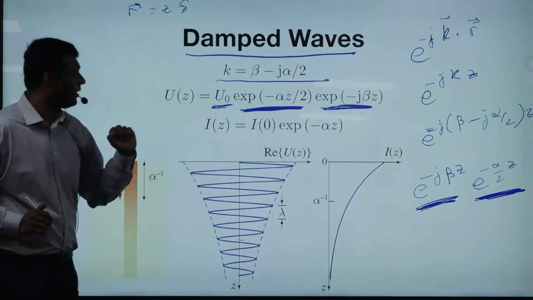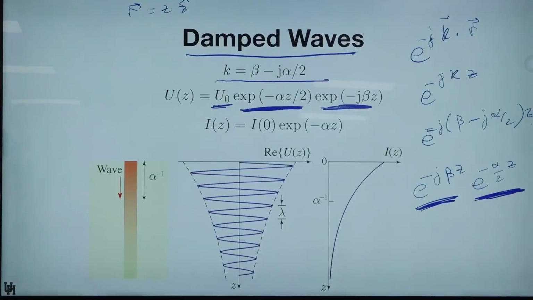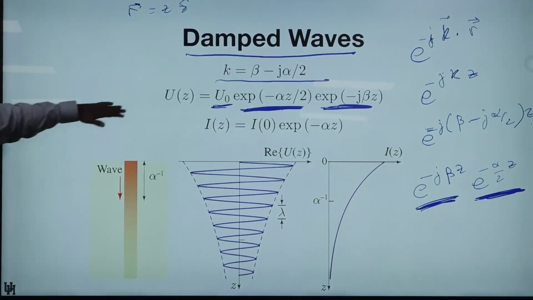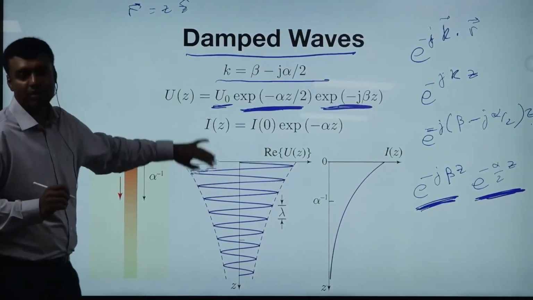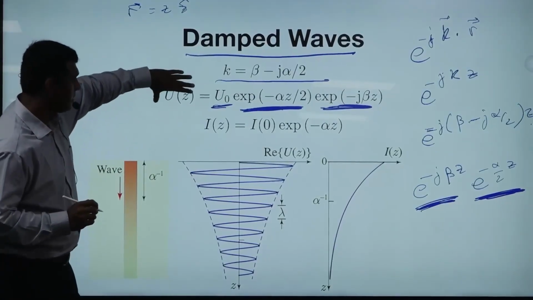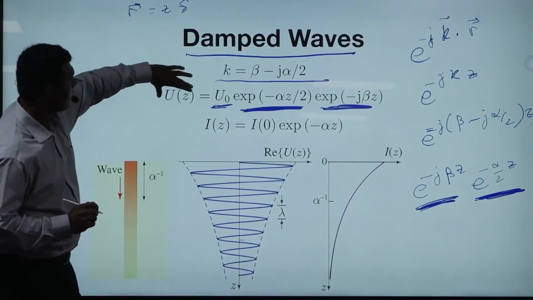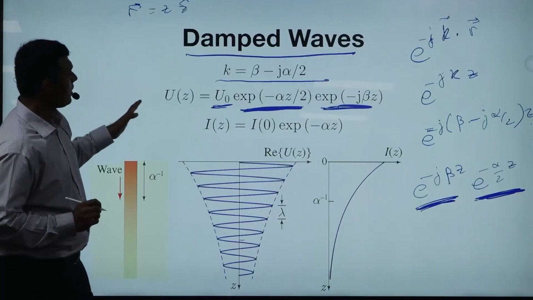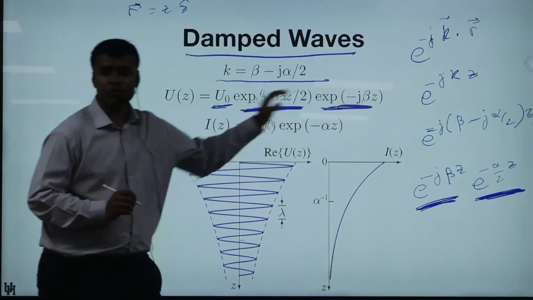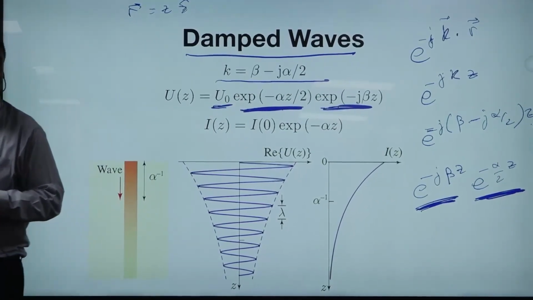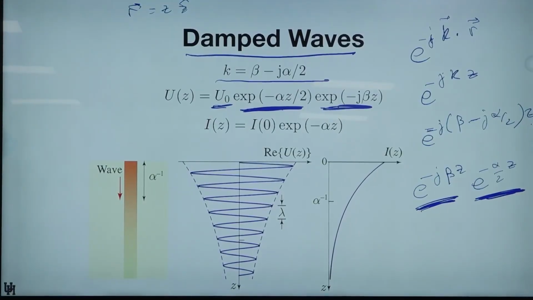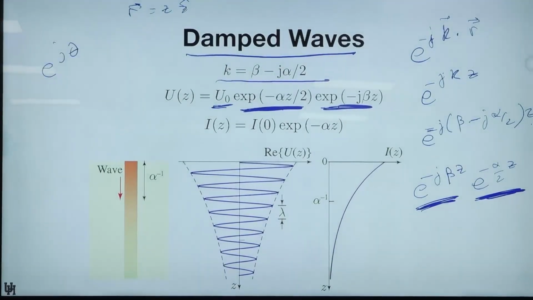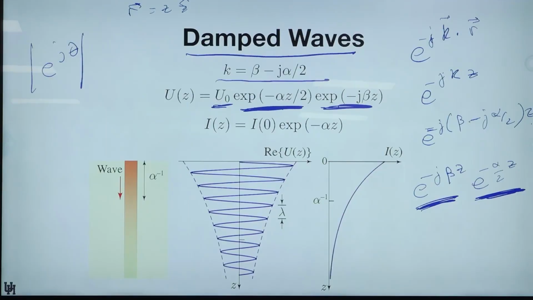And if you take the magnitude, so this is the field. If you make a measurement of the field, you get the intensity. You take the magnitude square. What happens to this term when you take the magnitude square? Yeah, it becomes 1. It is of the form e to the j theta, and when you take the magnitude, it becomes 1.